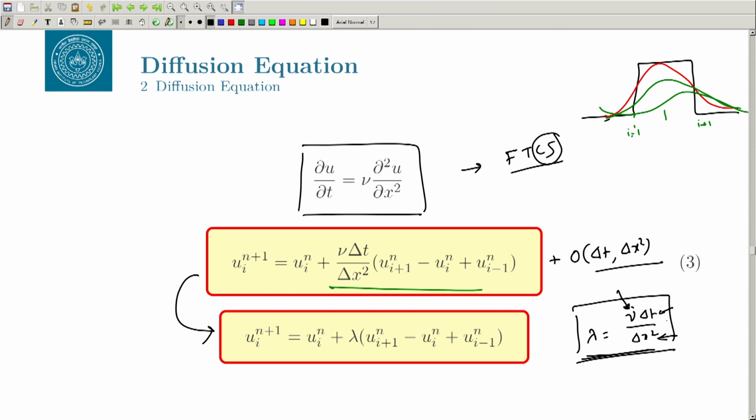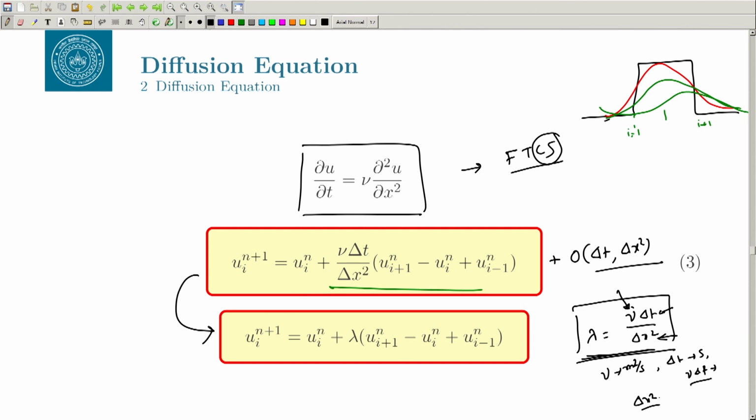Okay. So, what it is saying here is, nu, the unit is meter square per second, and delta t is basically second. So, nu delta t is basically how much area it is covering at a given time, and delta x square is basically your grid area in a way.